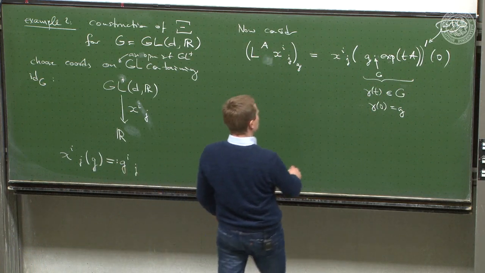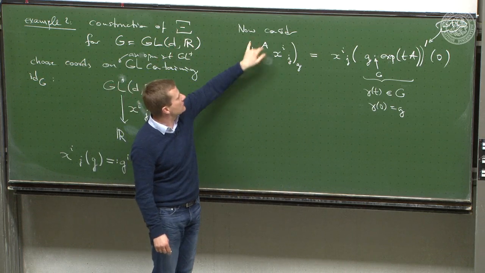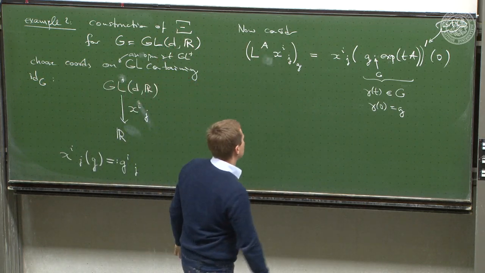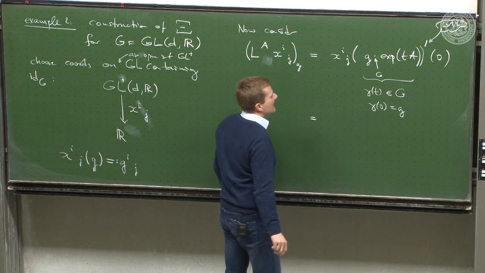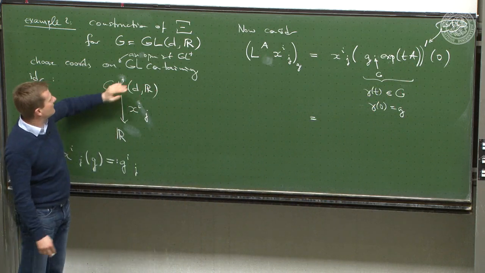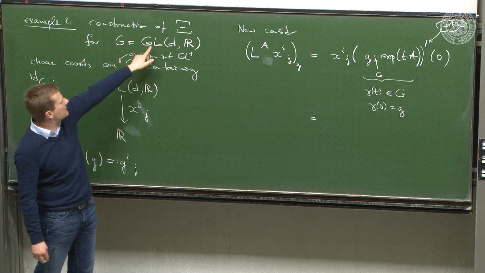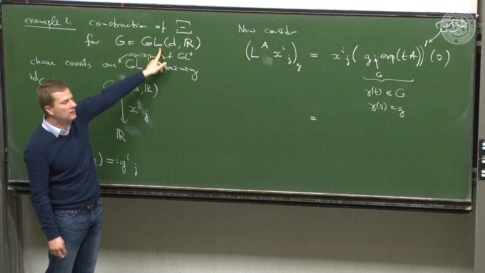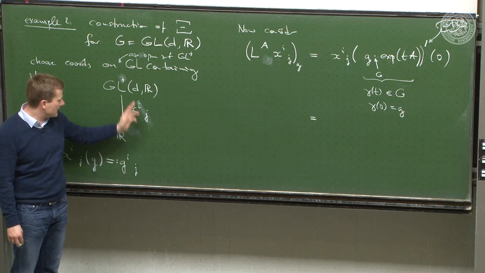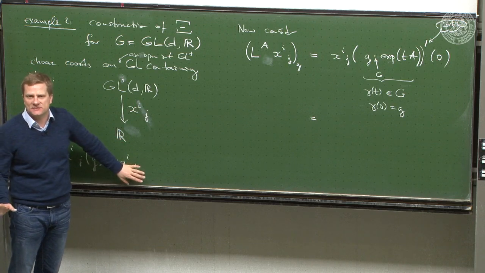We'll need this, because for the Maurer-Cartan form, we want to associate with L_A the A, so we need to understand L_A. Now, by this coordinatization, we have a matrix group, a group of matrices, and the composition on GL as linear maps is mapped into matrix multiplication of the representing matrices.